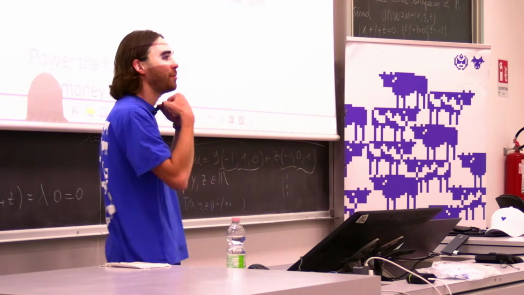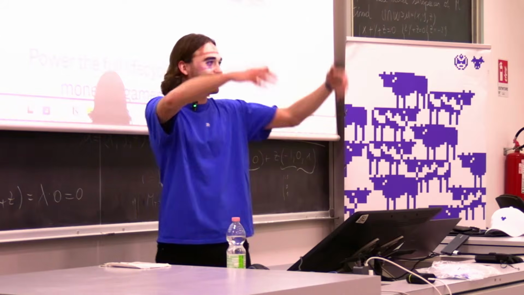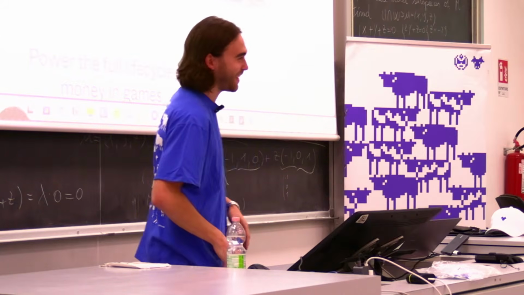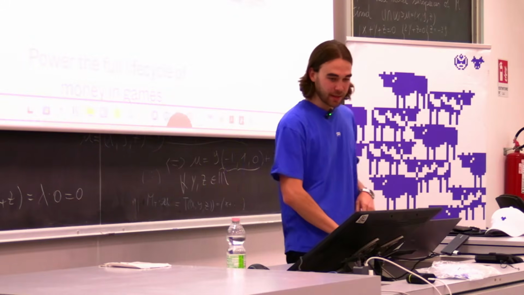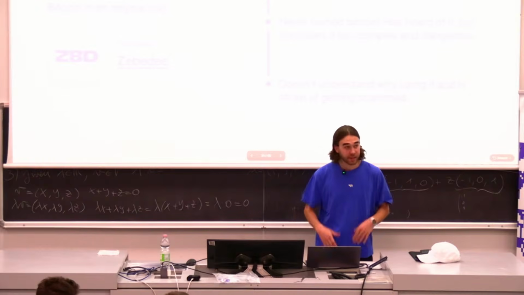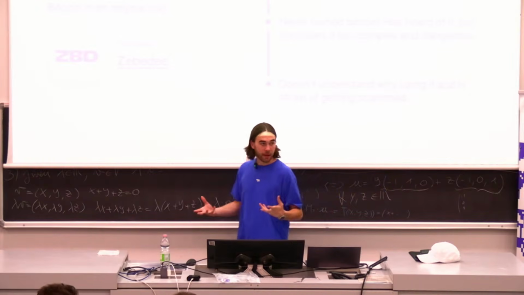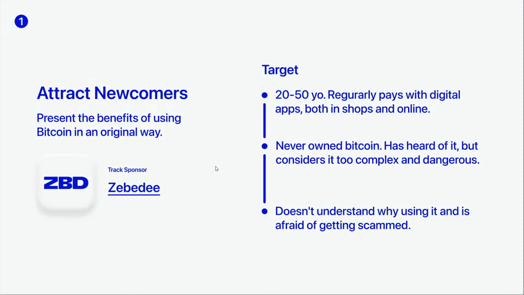When you die, you lose money. If you're addicted to video games, you can imagine how addictive it's going to become. I think this is a perfect example of how you can attract newcomers who are just video game lovers to start having their first Bitcoin.